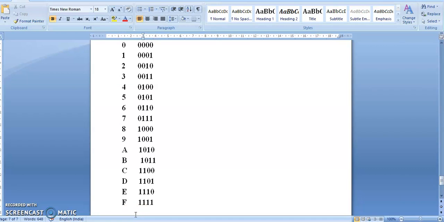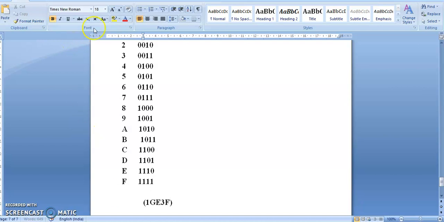So for example, I am converting 1AE3F, base 16, into base 2.